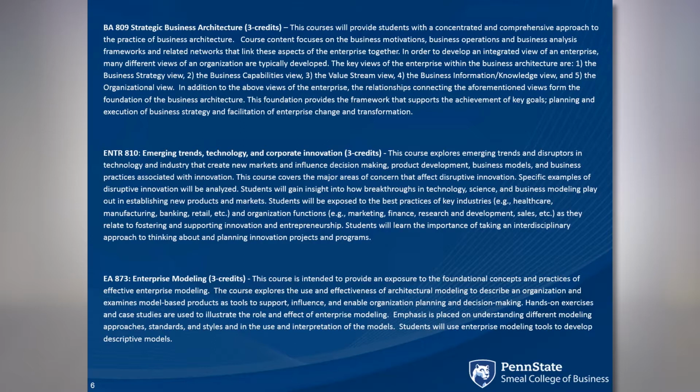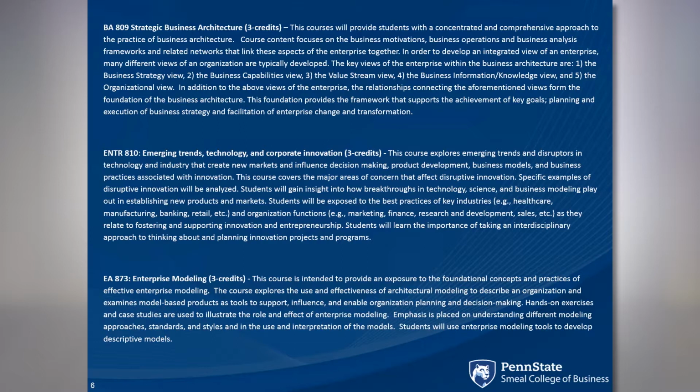We talk about this in BA 809. This course picks up on that theme and talks about how to effectively think about and implement innovation. And most innovations involve some type of technology component today. So we really talk a lot about the technological aspects of innovation in Entrepreneurship 810.